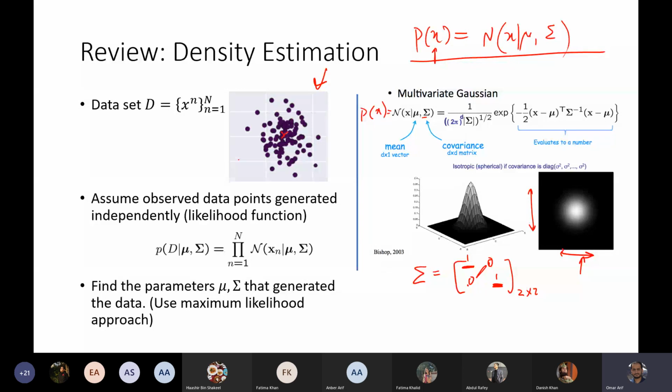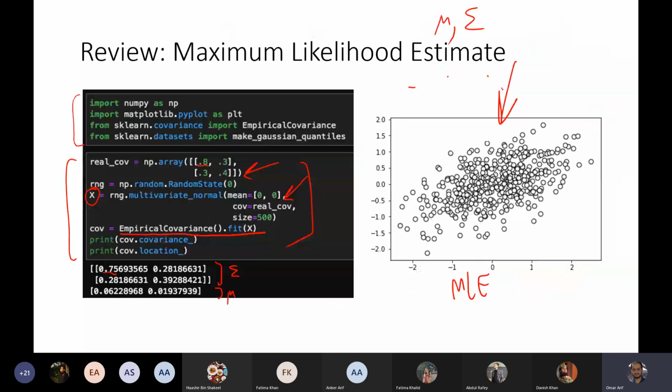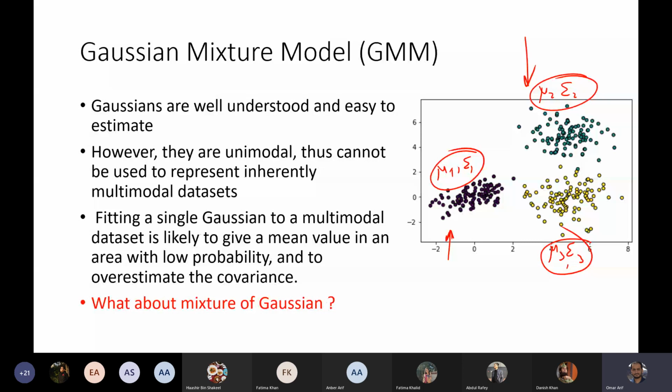If you have multiple clusters, then of course we need to do something else now. Let's say you have 3 clusters, so we now have to modify this. So the probability of x will no longer be simply this single Gaussian, because we now have 3 different clusters. So what we're going to do is we're going to have now a mixture of Gaussians.